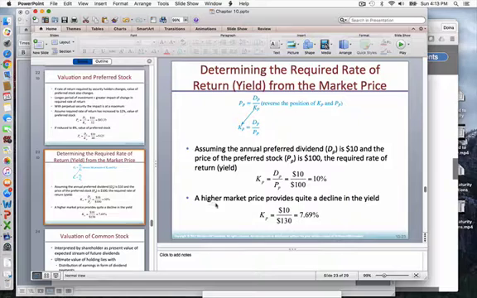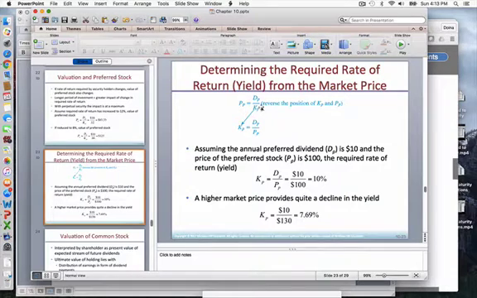Now, if the price to buy some preferred stock goes up, you still make the $10 fixed dividend for that stock. That means the required rate of return or yield goes down. That's the only formula we are going to use, and depending on what the problem asks, we can invert this formula and replace the variables.